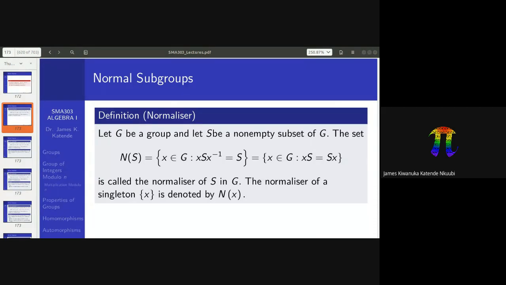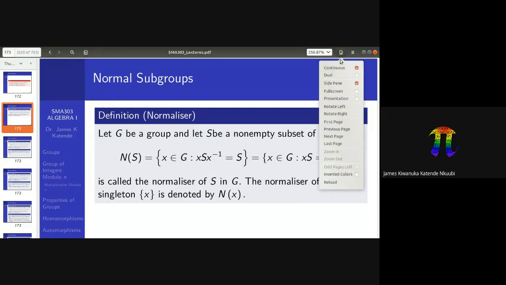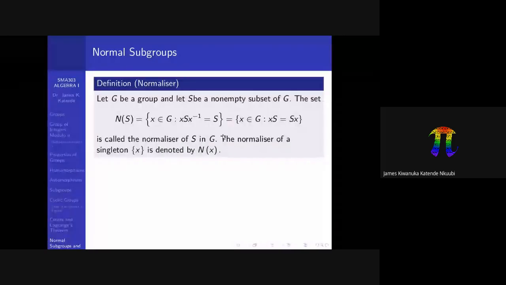So we'll define the normalizer of a subset of a group as follows. If G is a group and S is a non-empty subset of G, we define the normalizer of S, denoted by capital N with the S in brackets. It's all elements X in G such that XSX inverse is equal to S.